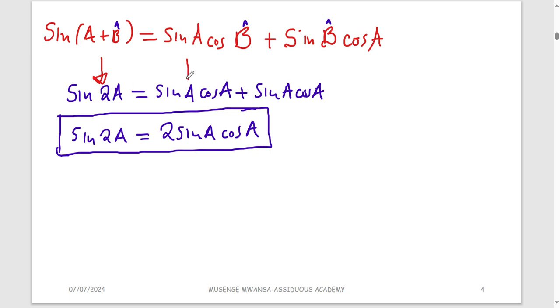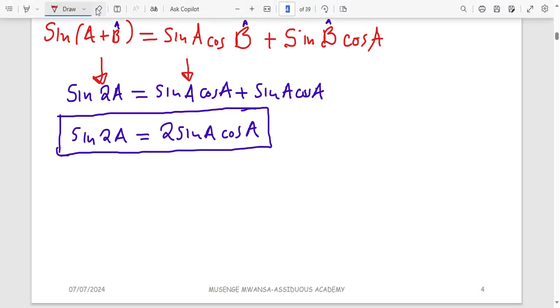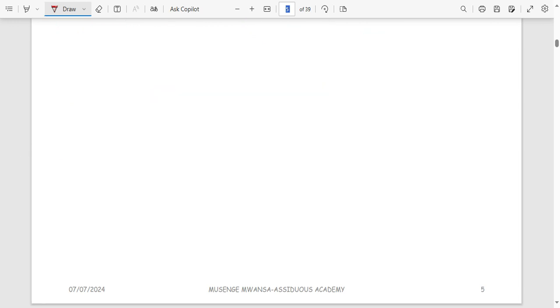Even this angle here, instead of it being a 1A, it will become half A. That is what you want to understand about this. But let me not talk about it here. What I just want you to understand now is that sine 2A is the same as 2 sine A cos A. Let's go to the third equation or identity.